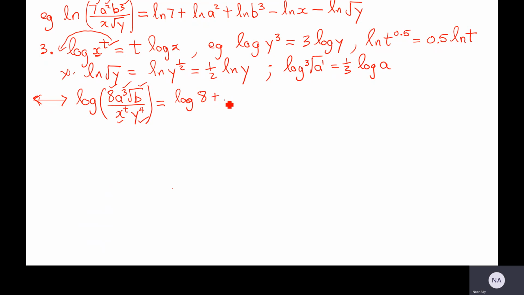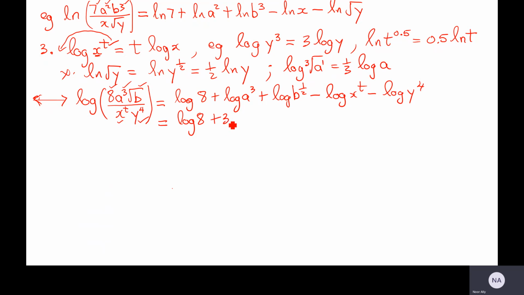Log of 8 plus the next factor, a cubed, plus the next factor, b, and I'm going to write to the power half. Then what's the next sign? Minus the log of x to the power t, then minus the log of y to the power 4. And now I can use the third law: log of 8, 3 log of a, half log of b.